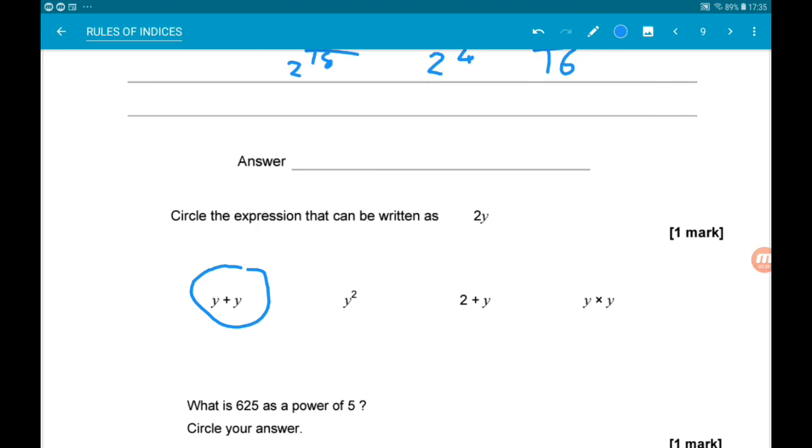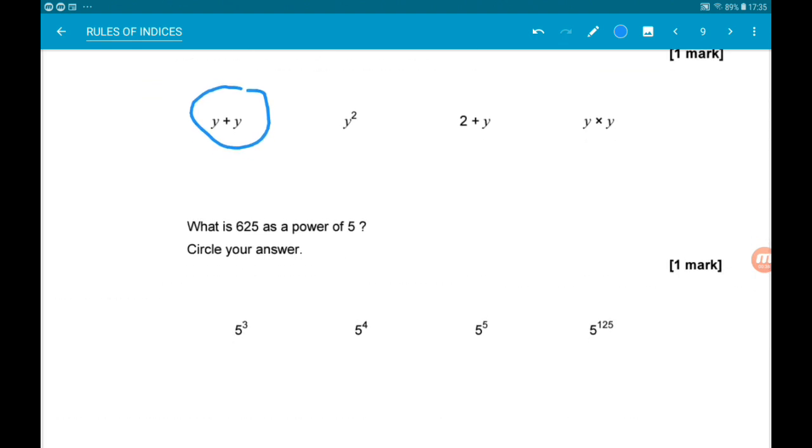Okay, and then we're asked what is 625 as a power of 5. So 5 to the power 1 is 5, 5 to the power 2 is 25, 5 to the power 3 is 5 times 25, which is 125. 5 times 125 is 625, so that's 5 to the power 4.